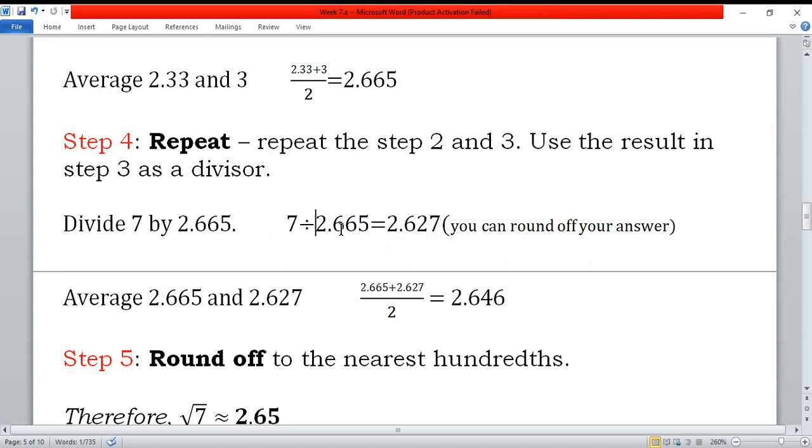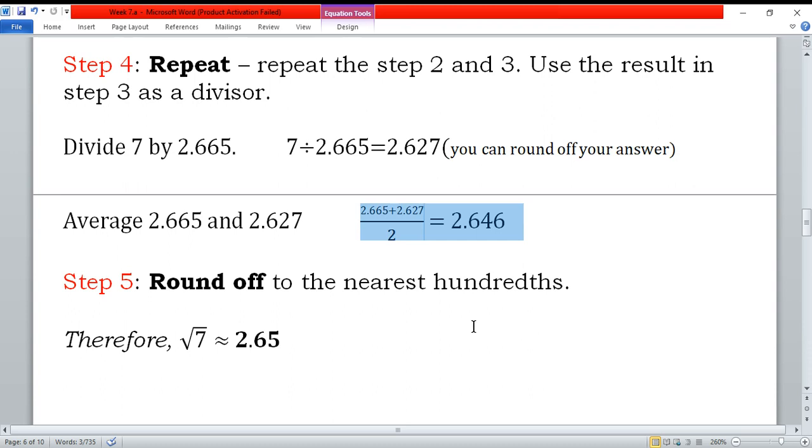Itong dalawa. Average nitong dalawa. So, 2.627 and 2.665. Okay, kaya ito. So, 2.665 plus 2.627 divided by 2. So, the result will be 2.646.